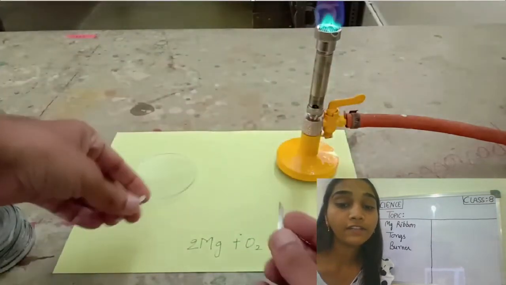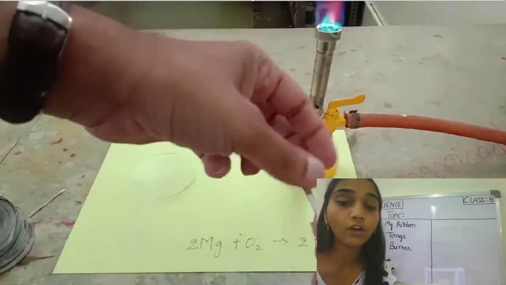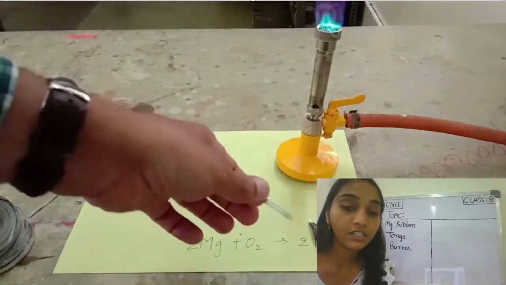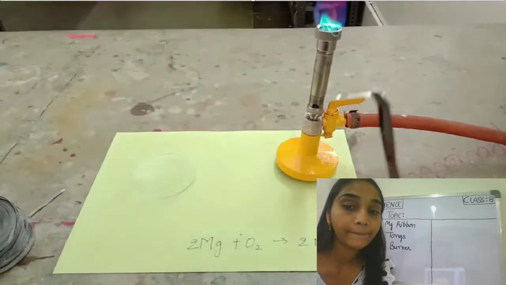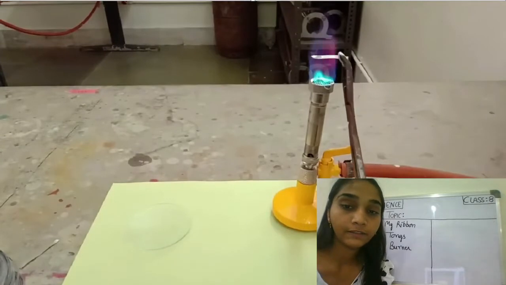Here we have taken a strip of magnesium ribbon. Now we will hold it with that pair of tongs, as you can see, and then we will burn it using the burner which we have.